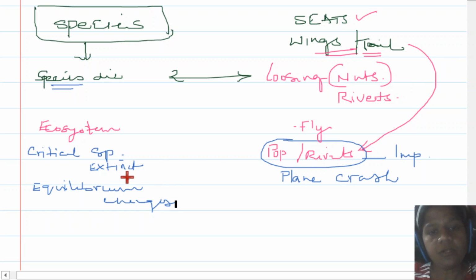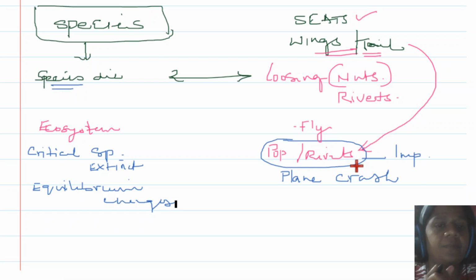But if we lose some of the critical species in an ecosystem, the equilibrium of that ecosystem is disturbed and it affects it drastically. In the same way, if we pop rivets of importance that hold up the wings and the tails together, then there is a high probability that the plane might crash. So, what do we learn from here?